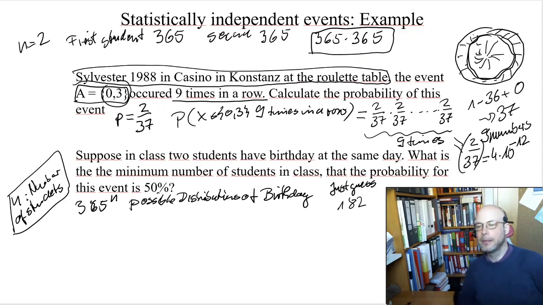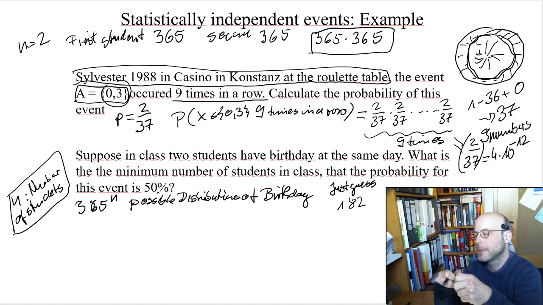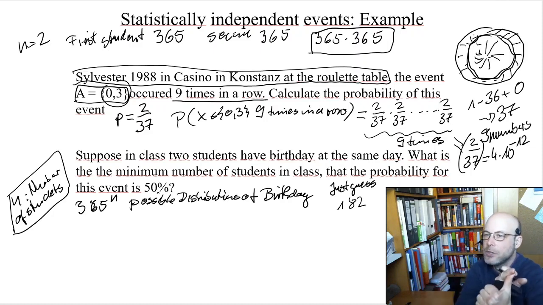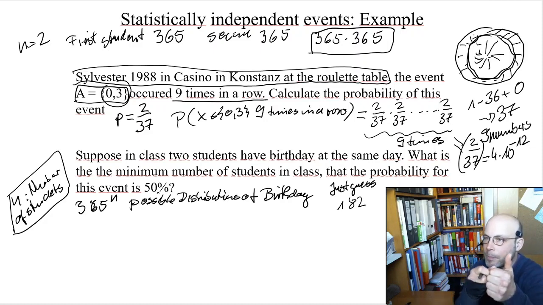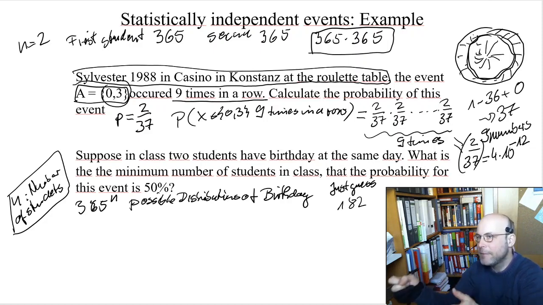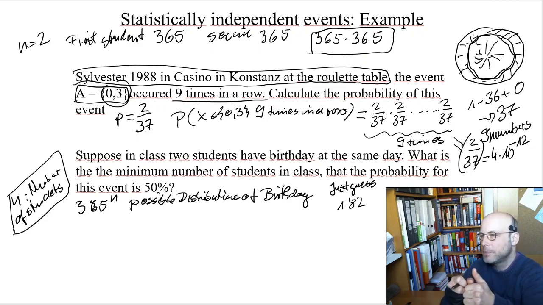Yes, and now we do not ask what is the probability that 2 of them have their birthday on the same day, but we just take one student and we ask how many possible days are left that the second guy does not have his birthday on the same day. And this is only 364.